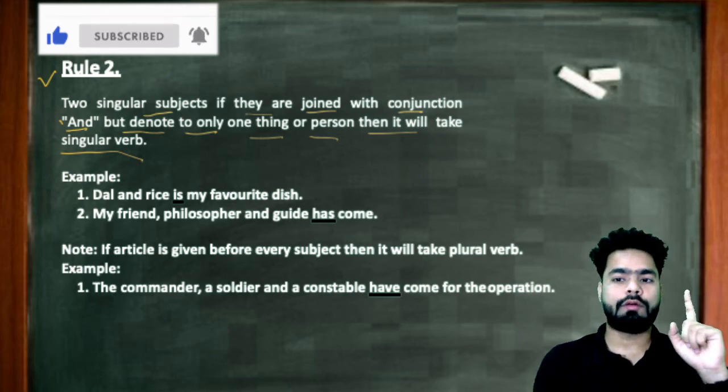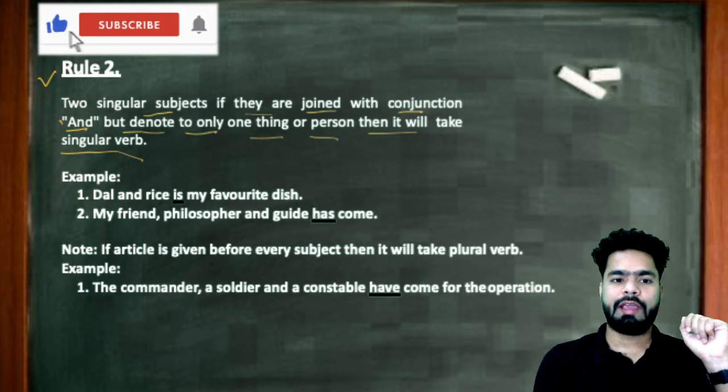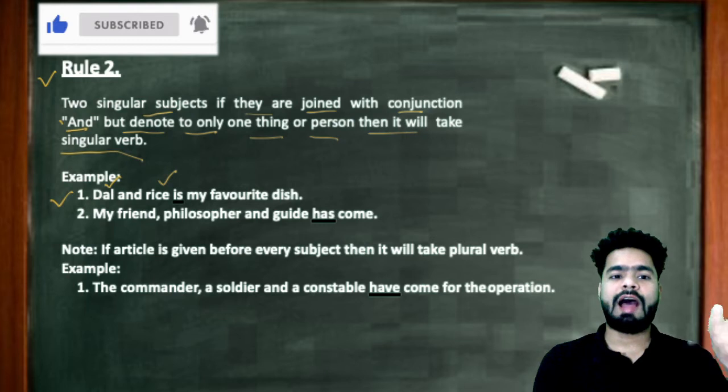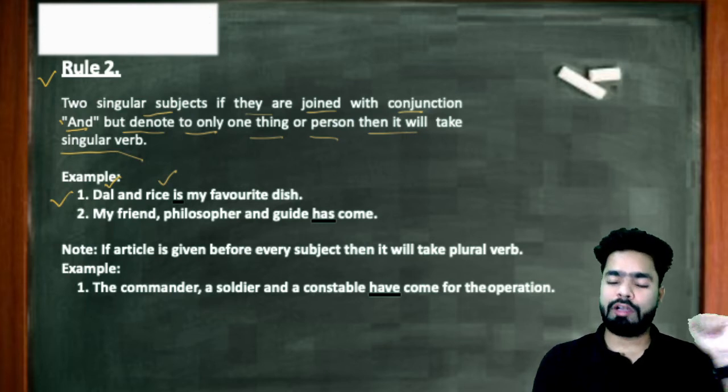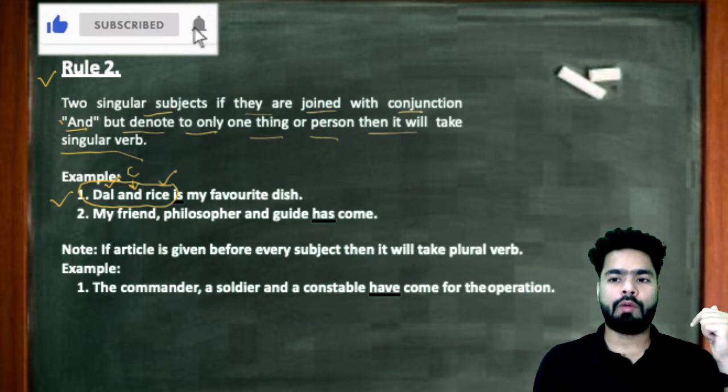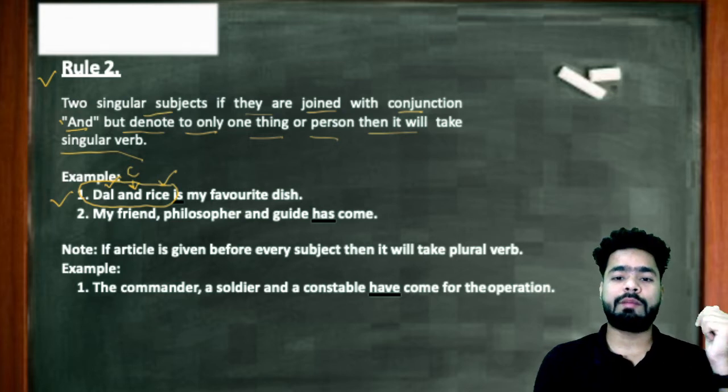the singular verb. For example, example number 1, dal and rice. Dal is singular, rice is singular, because both are uncountable. In this case they are counted as singular. Dal and rice is my favorite dish. Why? Dal and rice both are connected with the conjunction and, and according to rule number 1 it should be plural, but we are counting it as a singular subject. Why?